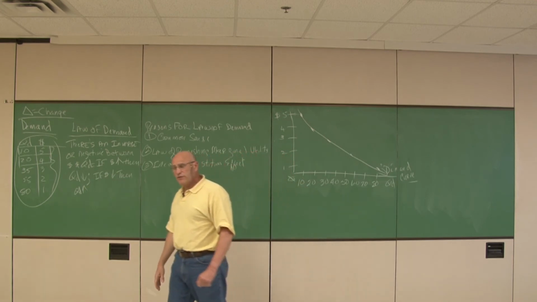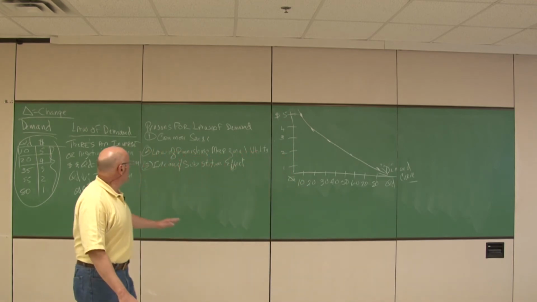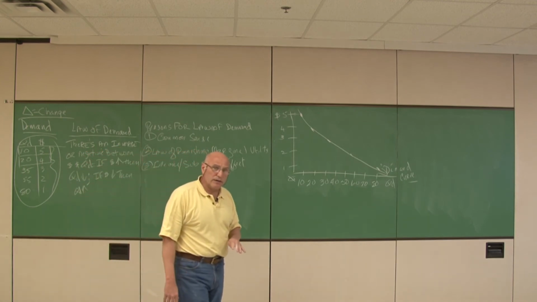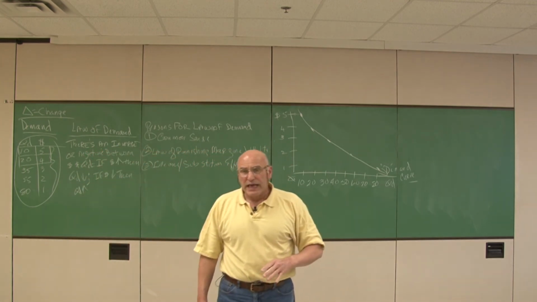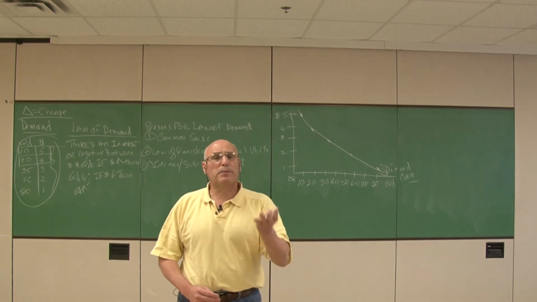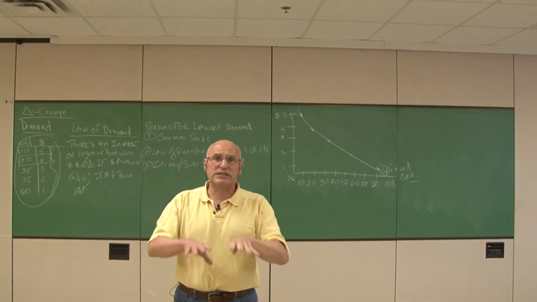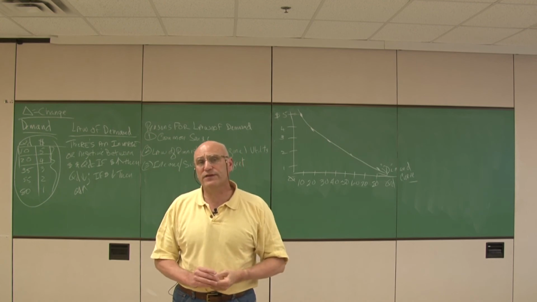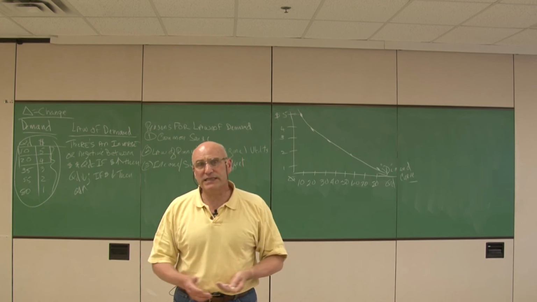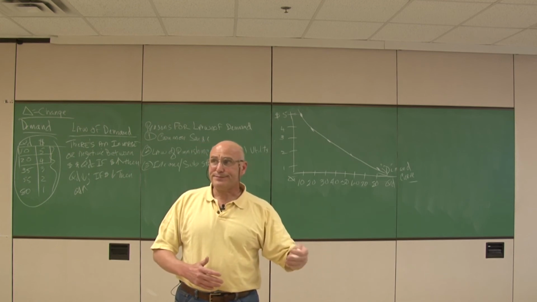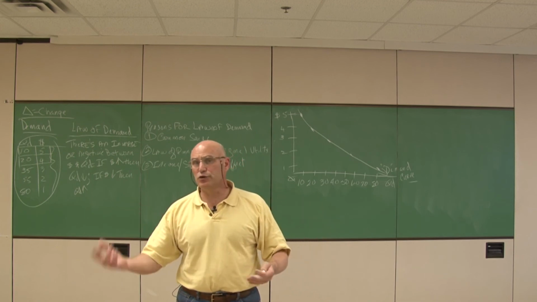And the last reason for the downward sloping curve, which the law of demand states, is what we call the income and substitution effect. If the price of a good goes up, if beef goes up relative to chicken, let's assume that they're both $2.50 a pound and you have $10 to spend on chicken and beef. You buy 2 pounds of chicken, 2 pounds of beef.